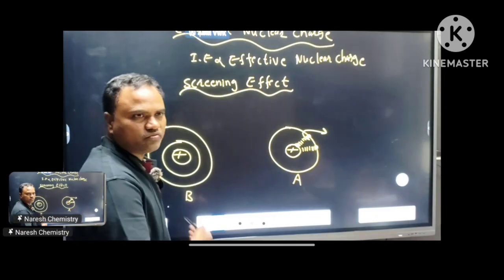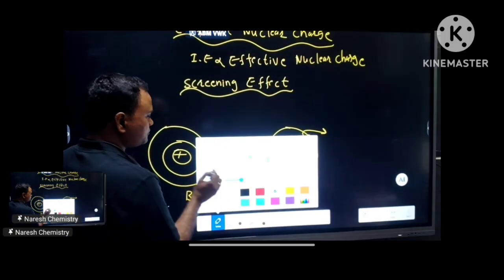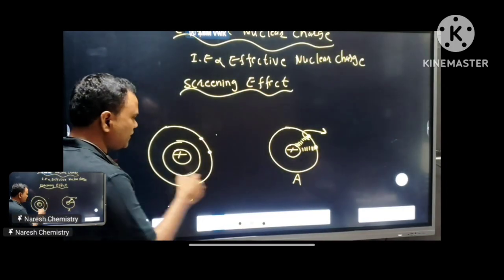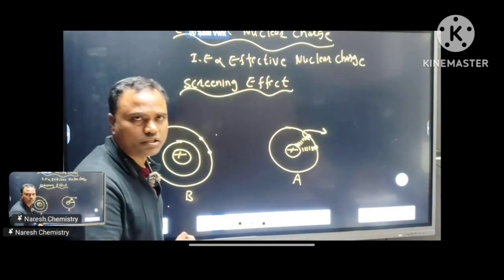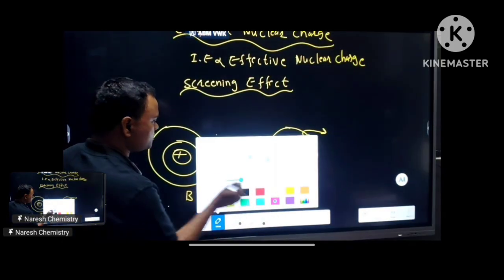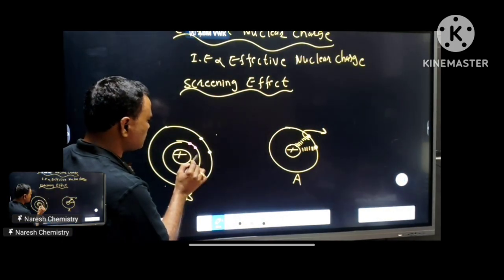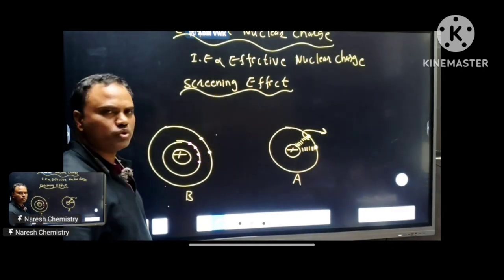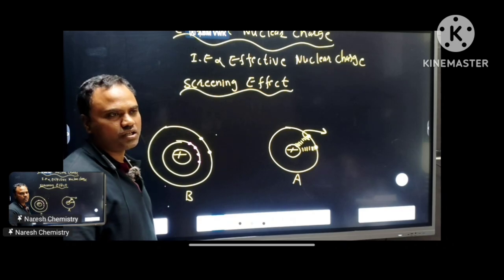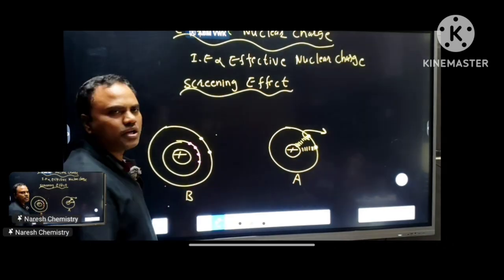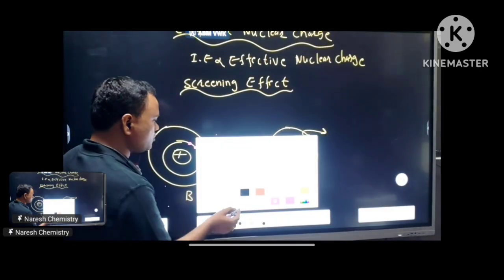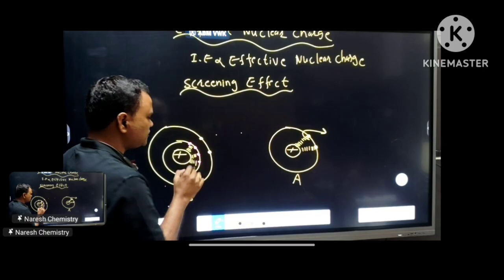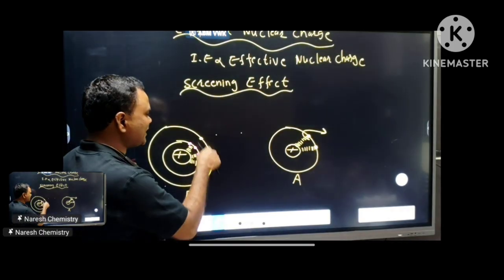But in case of B, one extra orbit is present between the nucleus and the outermost orbit. These pink color electrons are present between the outermost electrons and the nucleus. They act like a screen. Due to inner orbit electrons, nuclear attraction power does not spread up to the outermost orbit.